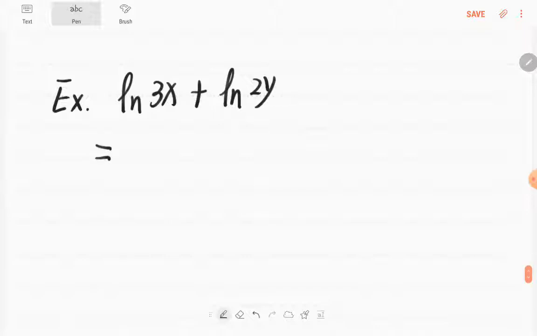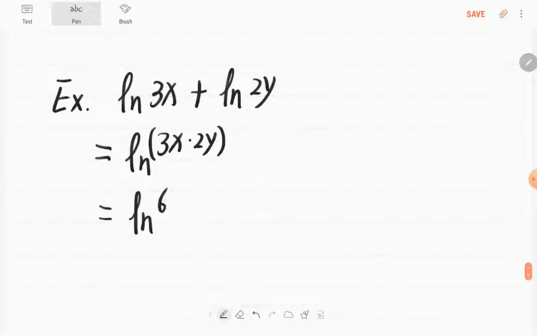You can put them together because they have the same base. Natural log, the base is e. So you can put together, then this would be 3x times 2y, right? So it's equal to natural log of what? 6xy.